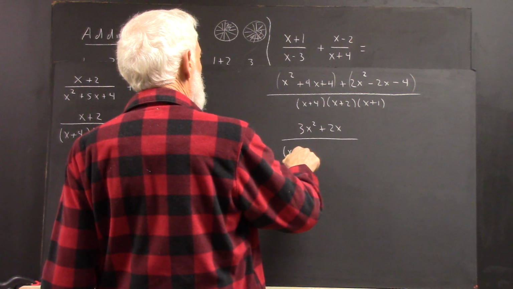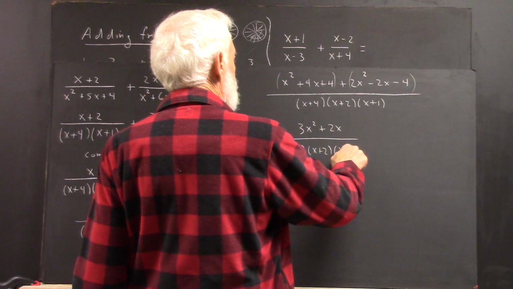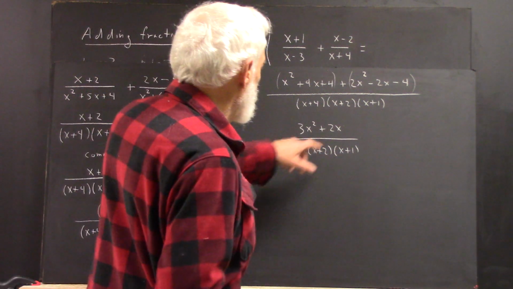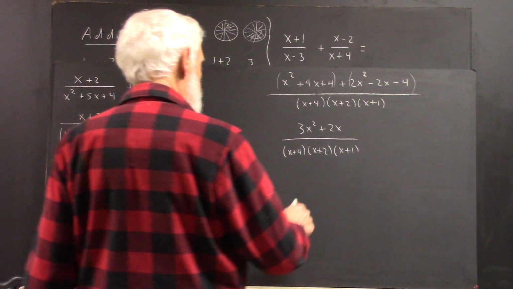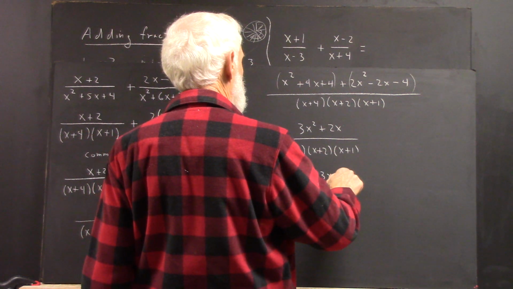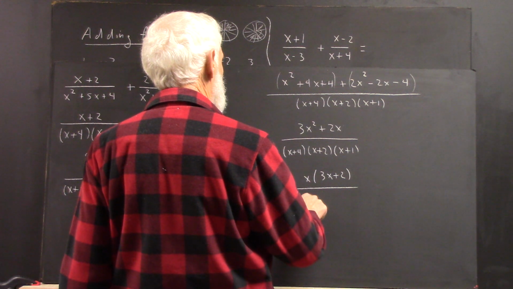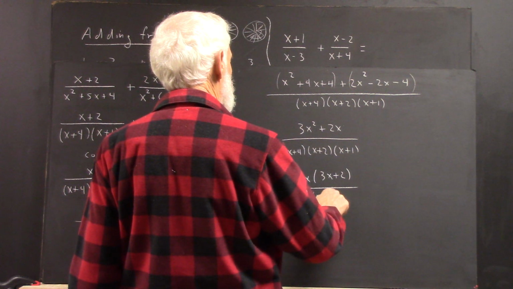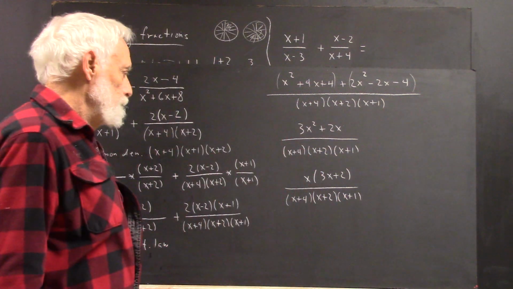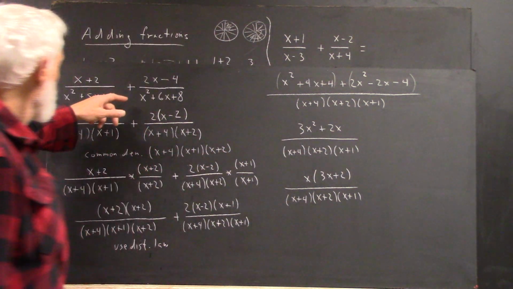Over x plus 4 times x plus 2 times x plus 1. And then I can factor an x out of the numerator, get x times 3x plus 2 over x plus 4 times x plus 2 times x plus 1. Okay, there is the completely factored form of the sum of these two terms.